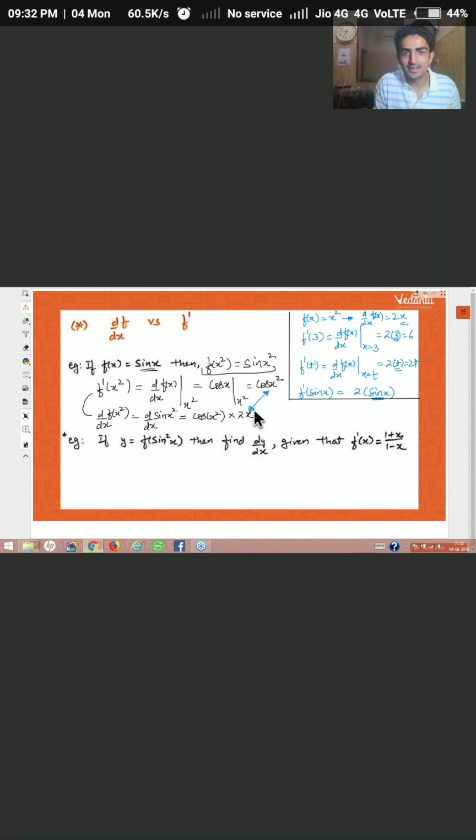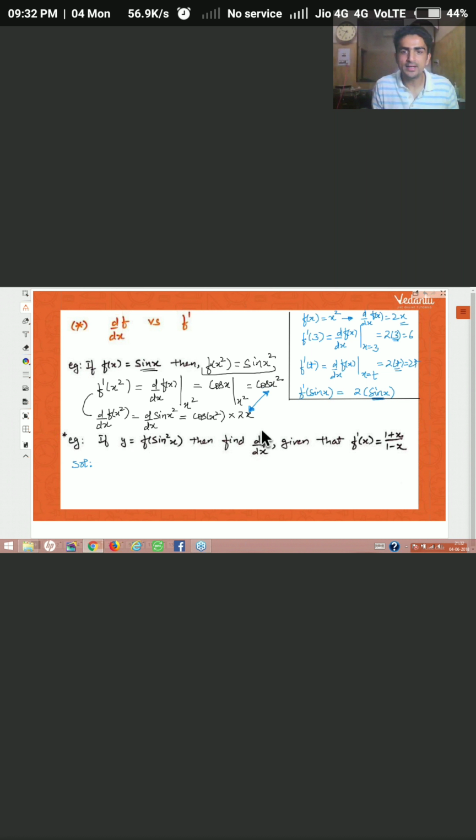They are different things. So you need to be careful about f dash and d by dx. They are not always the same. So that was the comparison of f dash with d by dx of f. Now let me give you an example and further clarify this.